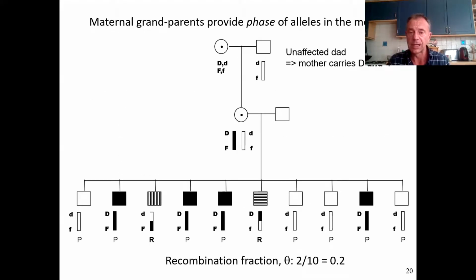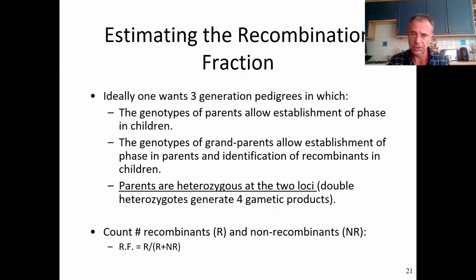So what that means is that this mother has got a big D and a little d at one, big F, little f at another, and so she's heterozygous at both loci, and it's a rule of linkage that you cannot get any information about linkage from a parent unless they are heterozygous at both the loci that you're interested in.